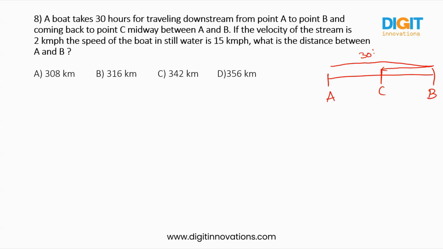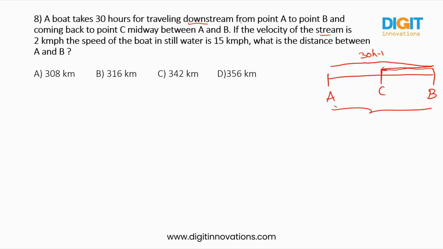So in total it took 30 hours, to complete A to B and B to C. But they asked only what is the distance between A and B. They have given the speed of water and speed of boat, which is 2 kilometers per hour and 15 kilometers per hour.